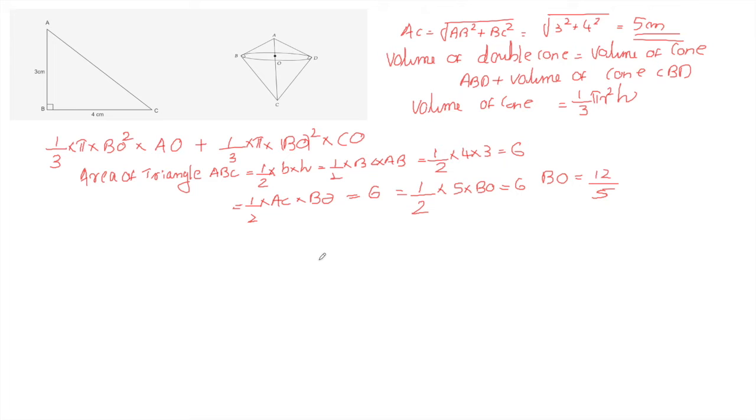Next step is finding AO and CO. We consider this triangle AOB. BO we found and AB we also know, so we can find AO using the Pythagoras theorem.